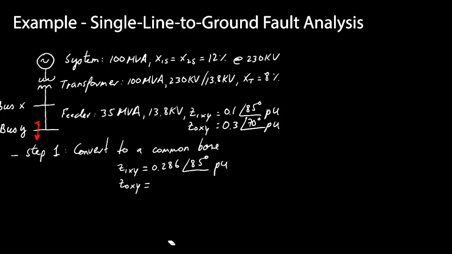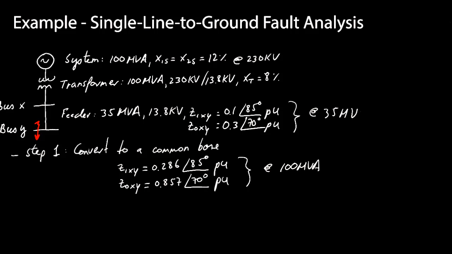So Z0XY is going to be equal to 0.857, and again the angle stays the same, so 85 degrees. And this again is in per unit. So these are the impedances for the feeder at 100 MVA. We've converted these impedances, which were at 35 MVA, to 100 MVA. So now we have everything on the same base.